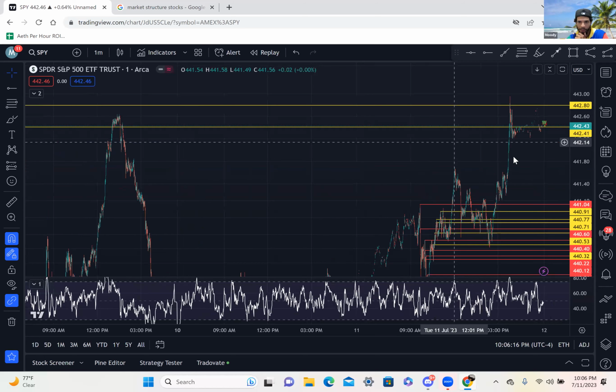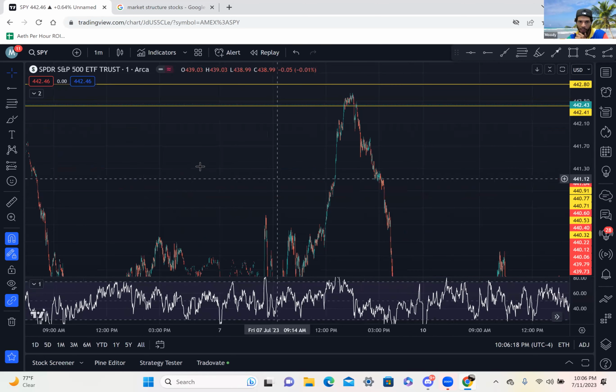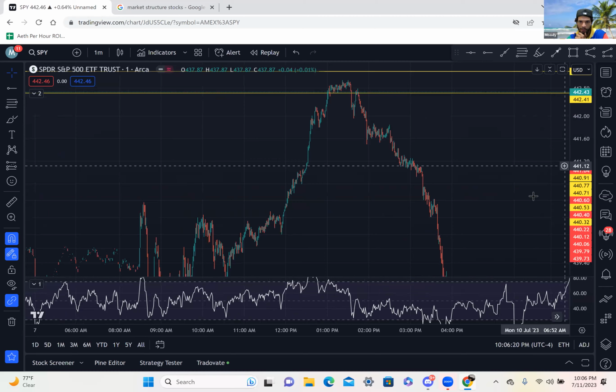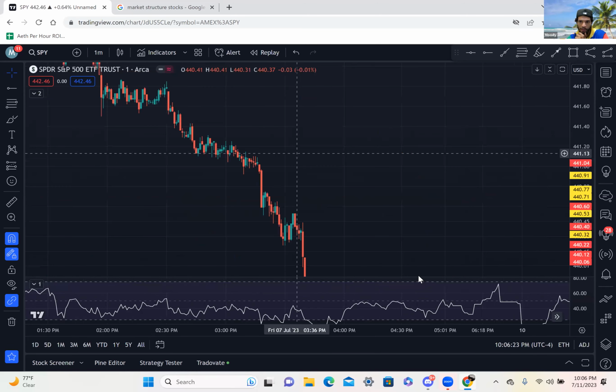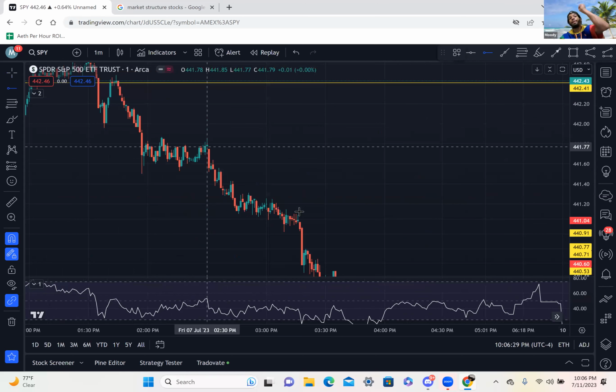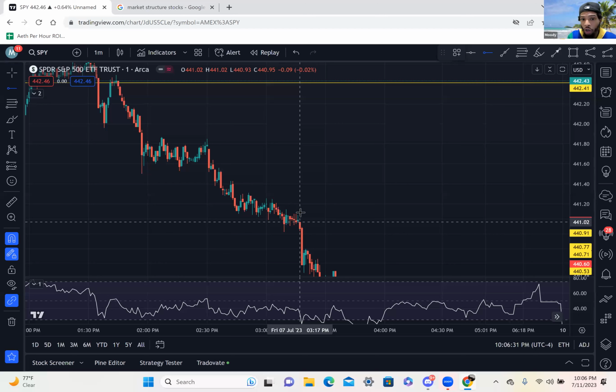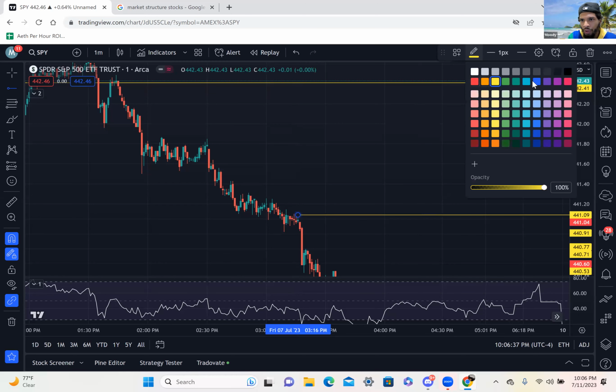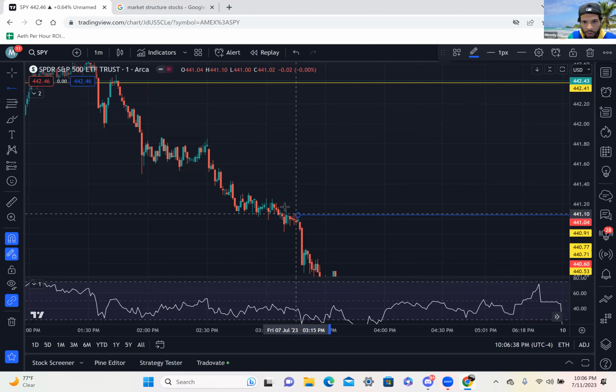Watch this. Watch how perfect we took out these targets. 441. That was a PMG. This is a PMG. That's why we went straight up that way. Because this is called a domino effect. They're too close to each other. Let's use blue. They too close to each other.